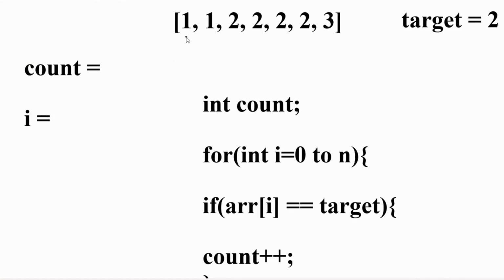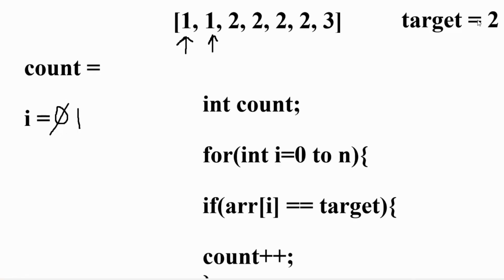First the array starts from here. Array of 0, so i will be 0, and we check if array of i is equal to target. No, so the value will not be stored in the count variable. i becomes 1. Now we check this element.